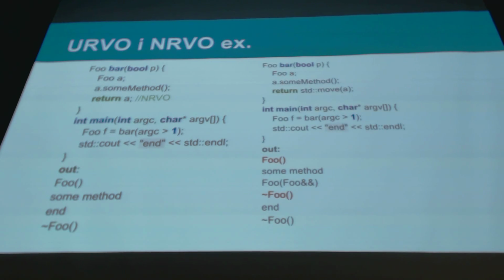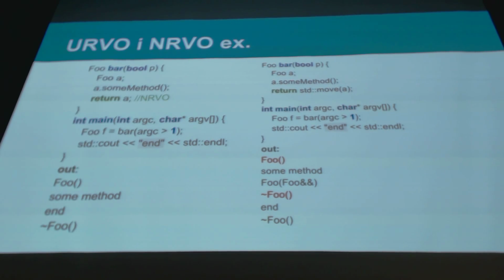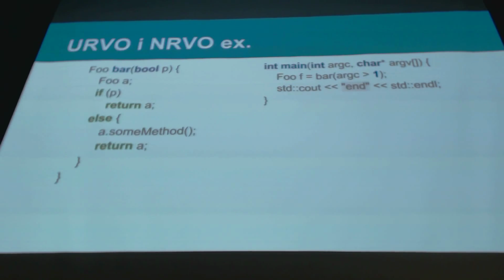And of course, if we try to move it, then we will get an additional constructor. So let's try with some branches. If p, then we return, and else we first call some method and then return, right? It doesn't make any difference because these returns will be changed to return semicolon, right? So of course we will get a good result.